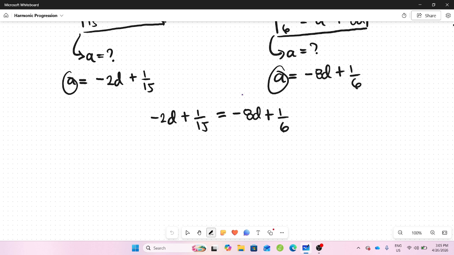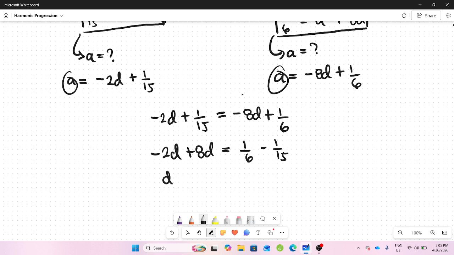So this is gonna be negative 2d plus 8d. On the right side we have 1/6 minus 1 over 15.